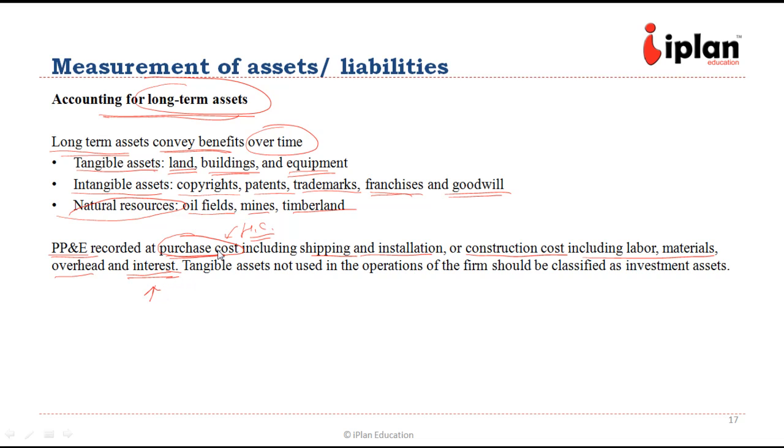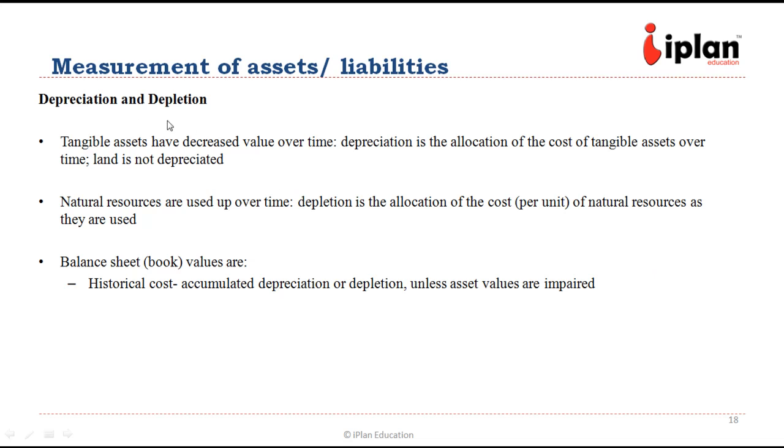So that period interest becomes part of the purchase cost or historical cost. That is going to be used in the balance sheet. Tangible assets which are not used in the operation of the firm should be classified as investment assets. Suppose there is some tangible asset or equipment which is not part of operations, that should be classified as an investment asset. Now let us move to the next slide.